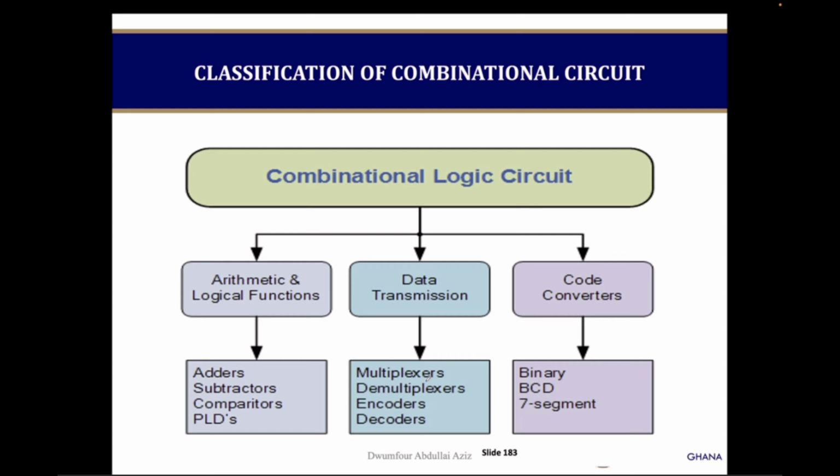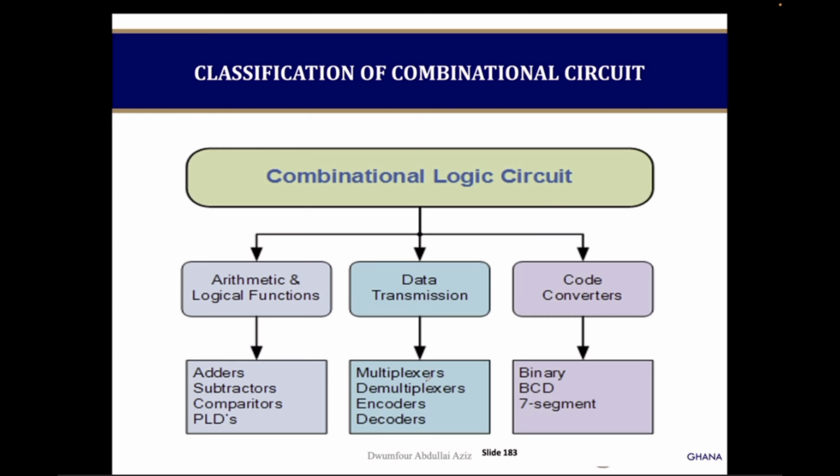So in all, combinational logic is very, very useful in design. Without combinational logic, most of the digital systems that we see will not be able to do anything. If your computer system cannot perform any arithmetic function, cannot perform any transmission function, and cannot perform any conversion from one type of data to the other, then it is as good as an empty box.